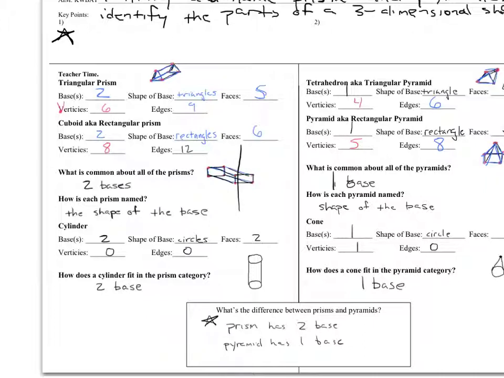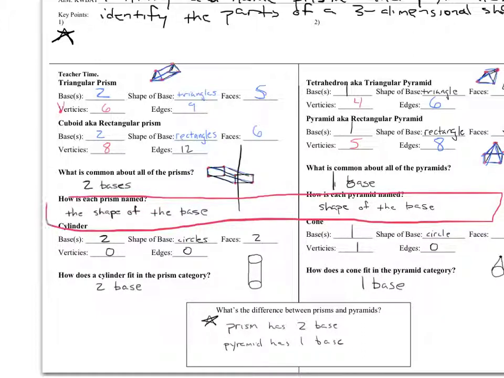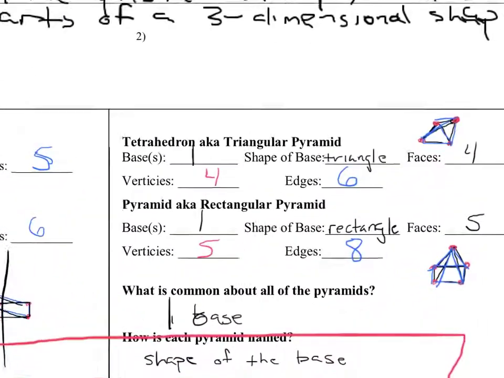And the second key point today is the answer to how we get those first names of those prisms, is by looking at the shape of the base. So I'm going to put a box with a triangle inside of it. And we're going to come over here. We're going to add just a little bit to that key point.